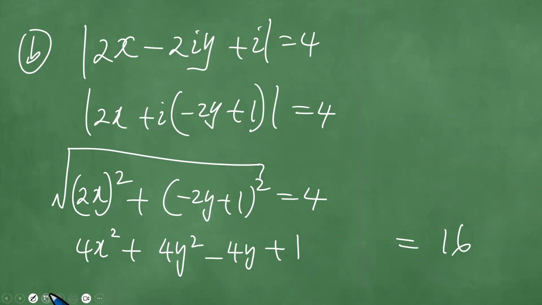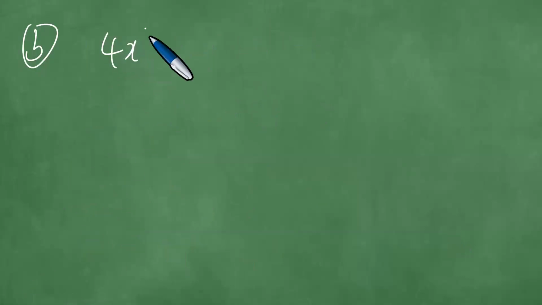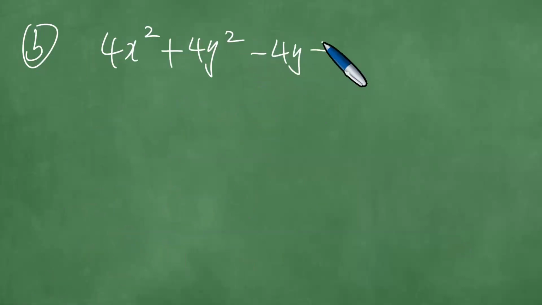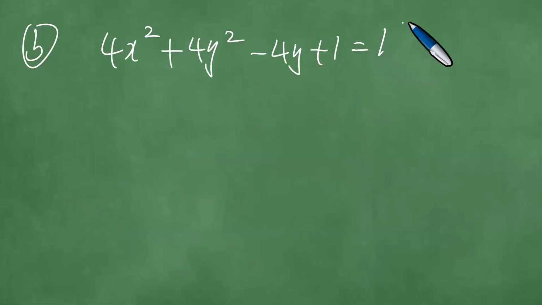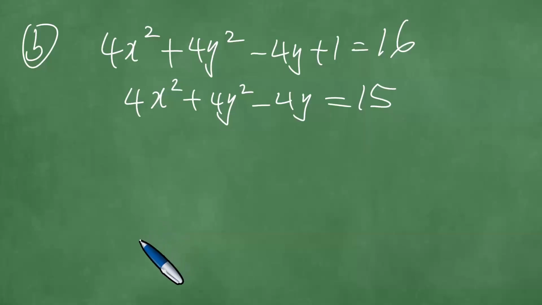So 4x squared plus 4y squared minus 4y plus 1 is equal to 16, which means 4x squared plus 4y squared minus 4y is equal to 15.